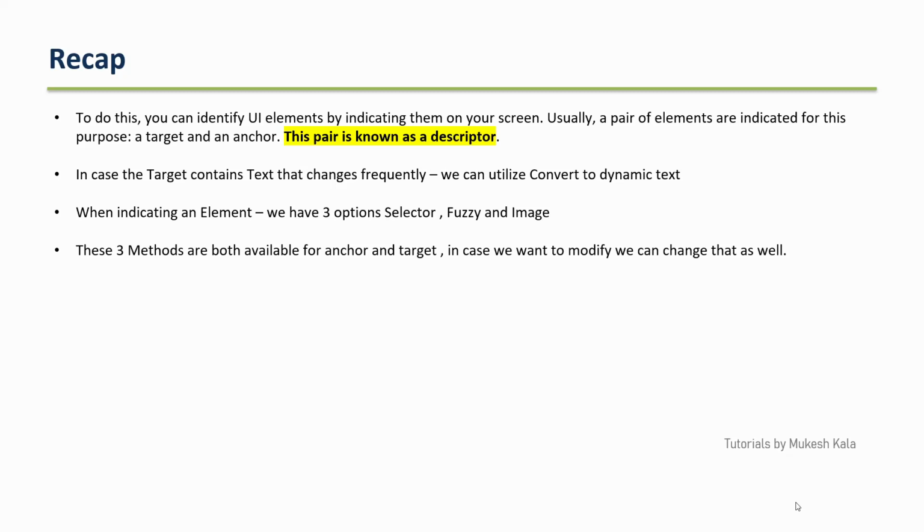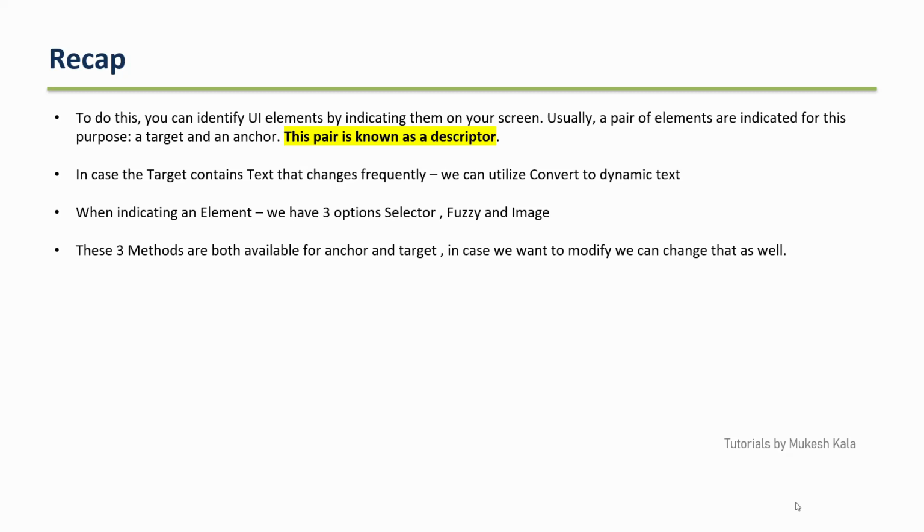So today we have seen that whenever we are doing the UI automation, we have the target as well as the anchor, and together they are known as the descriptors. Whenever we are using the modern design experiences, this descriptor is automatically created by UiPath for us. Not only this, it generates the selector, fuzzy selector, image as well as the computer vision for us.